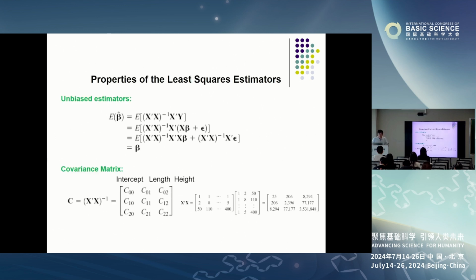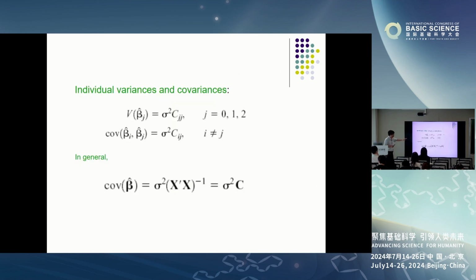The least square estimate has very good properties. The first property is that it is an unbiased estimate. If you take the expectation of beta hat, you will find it is exactly equal to beta. Which means least square estimation provides an unbiased estimate. And the covariance matrix can be written like this. So you can quickly calculate the information matrix and estimate the standard error of the estimate.